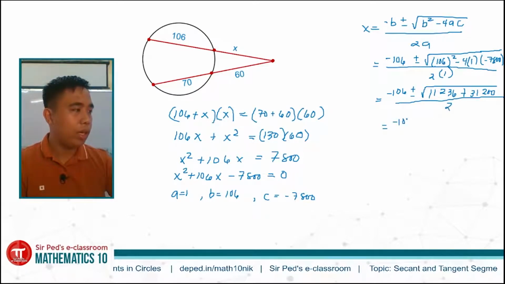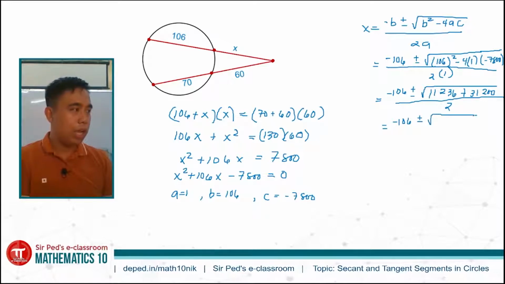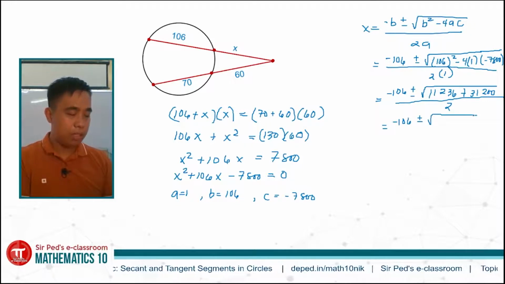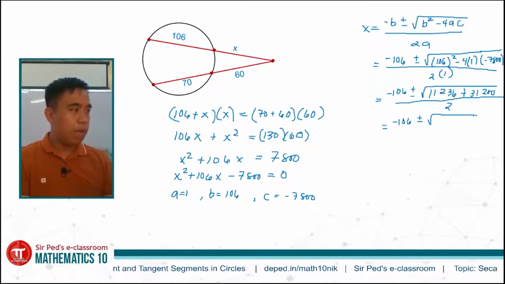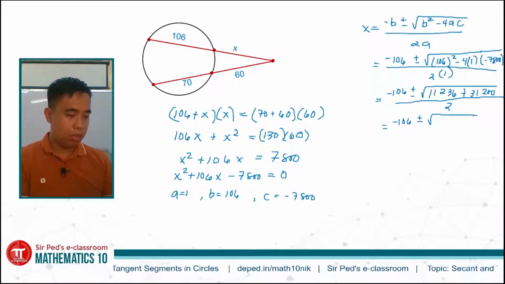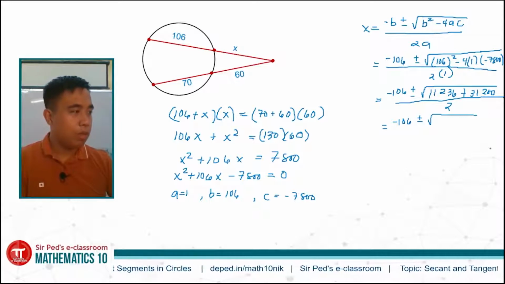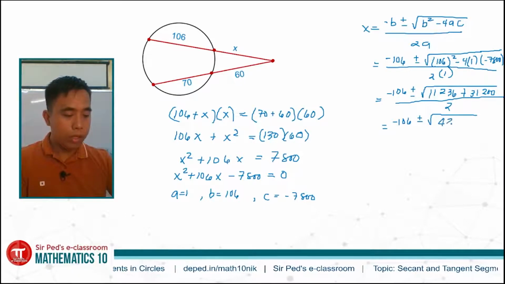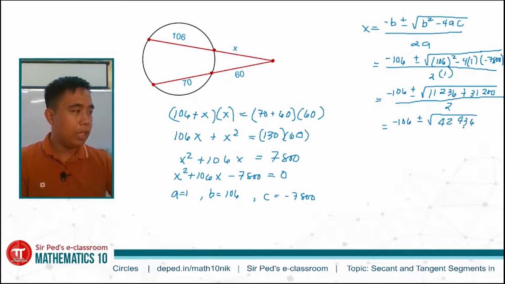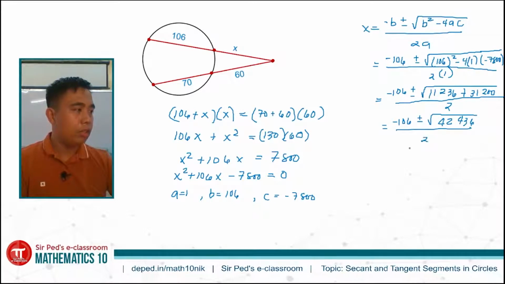So, negative 106 plus minus the square root of, you add the 2, 11,236 plus 31,200. So, that will be 42,436 all over 2.